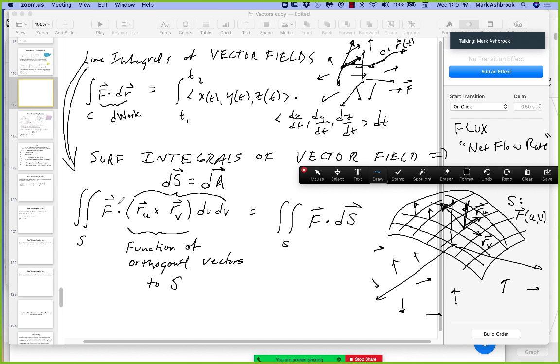So you take the components of f in the direction perpendicular to the surface. I have a little animation here that really helps to see that. In terms of calculating the flux, this is our equation. And that takes a fair bit of work, as we'll see here shortly.